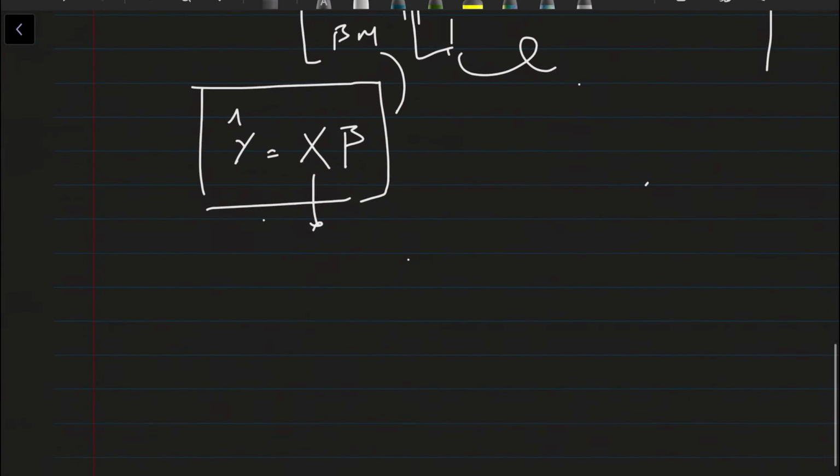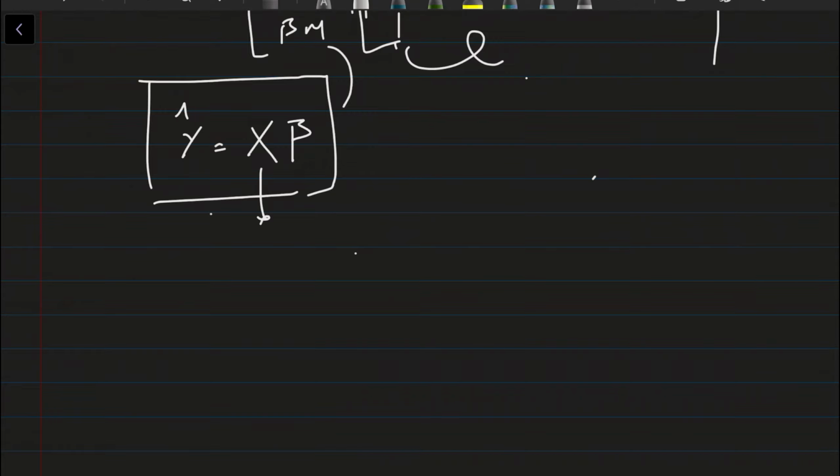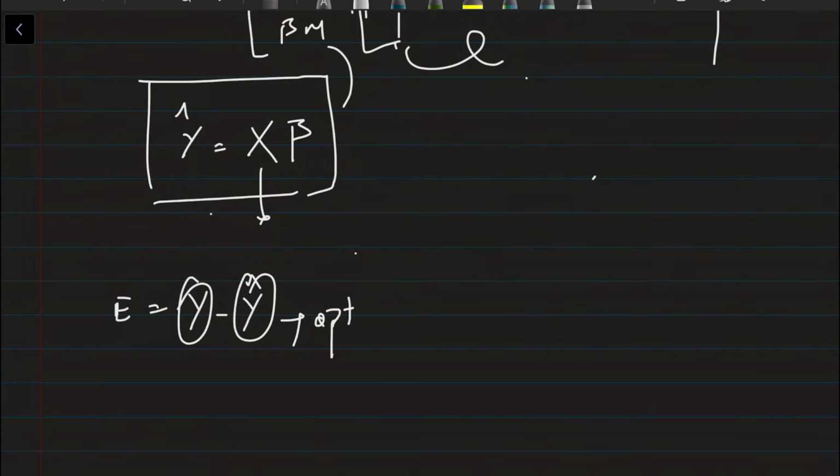So we know the error we have discussed, error equal to y minus y cap, right? So y is the current point, this is the optimal point. Okay, we need to find the optimal point, this is the current point. So the error is measured like this.